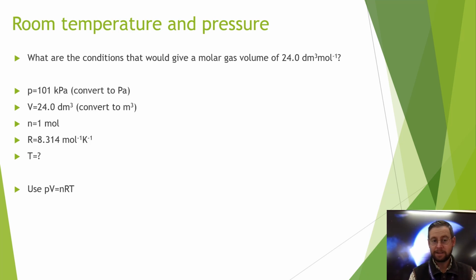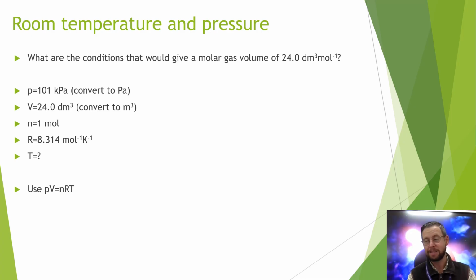A typical question for this PV equals nRT, ideal gas equation, is to work out what the standard room temperature and pressure might be. They probably give you the pressure of the room, 101 kilopascals, which of course you would have to convert into pascals by multiplying by 1,000, which would be 101,000 pascals.